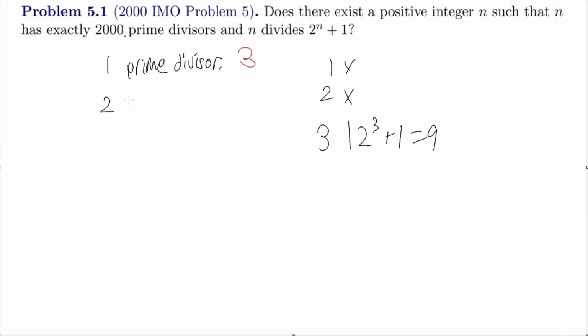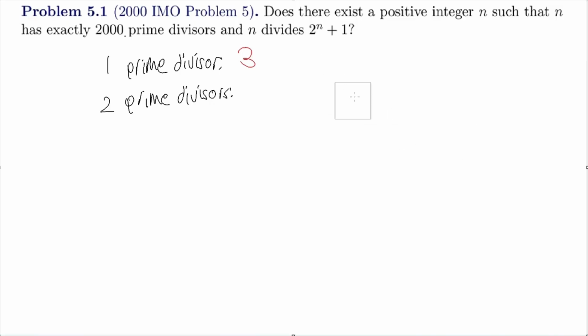And what if we have 2 prime divisors? Well, suppose we have our number like p cubed q, and we're just going to assume that we have 1 prime here and 1 prime here, and the 2 primes are different. Then we have p cubed q divides 2 to the p cubed q plus 1.